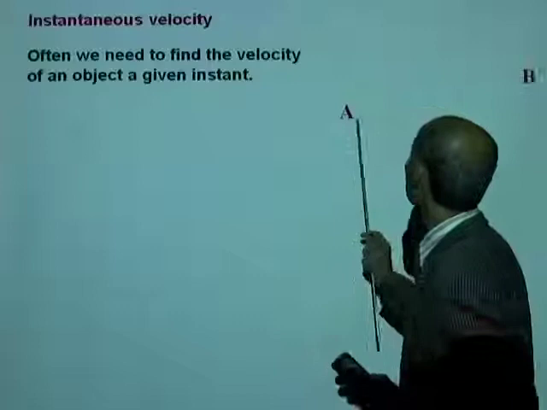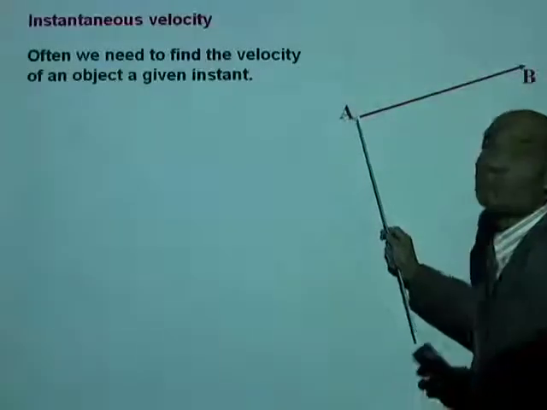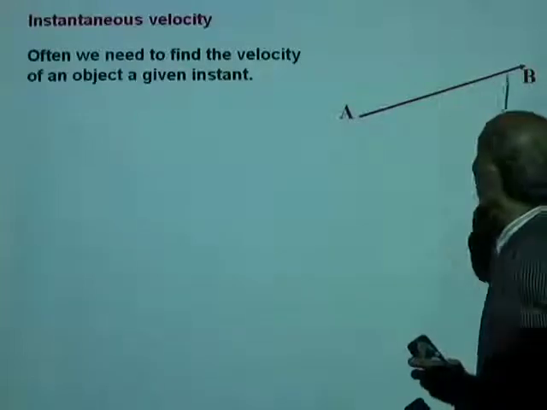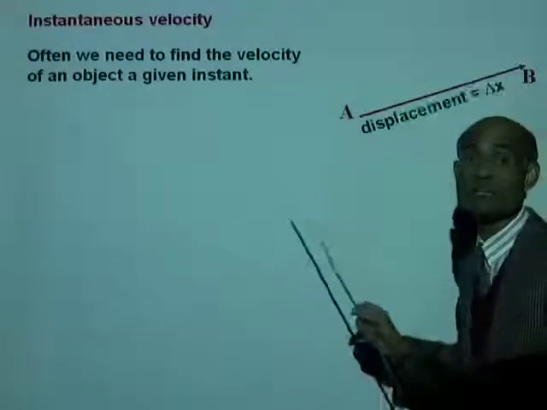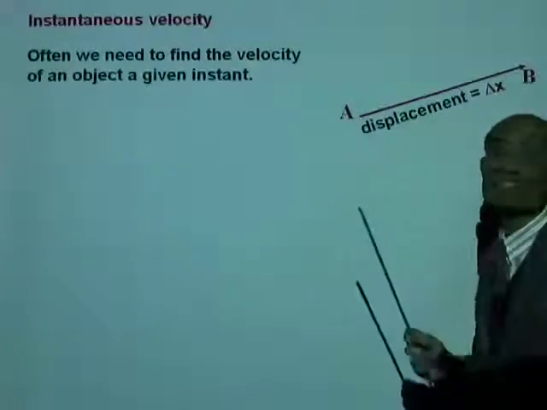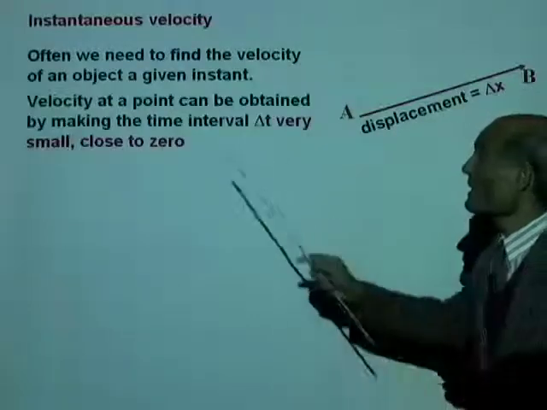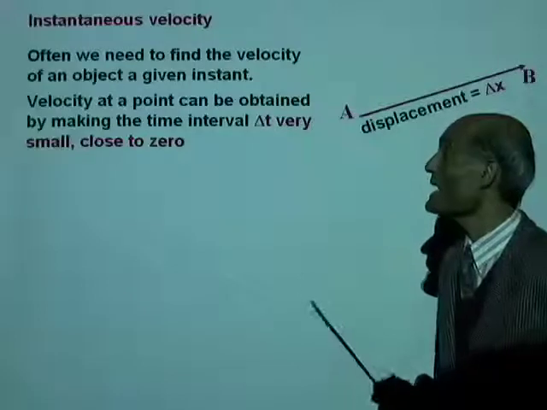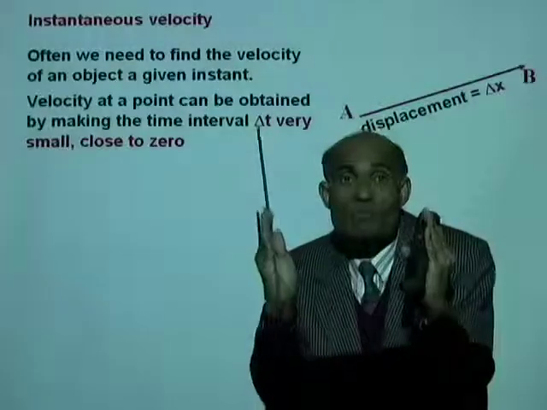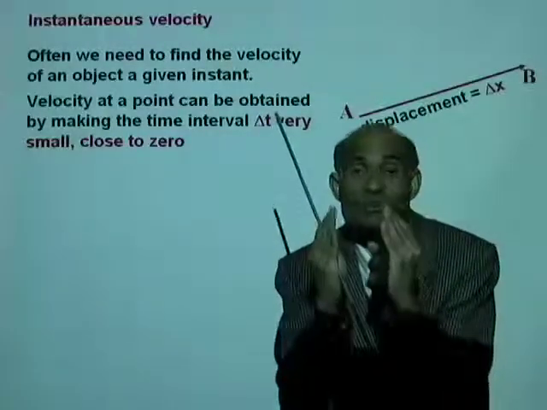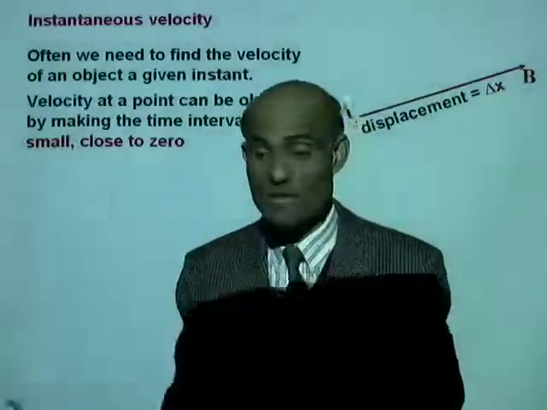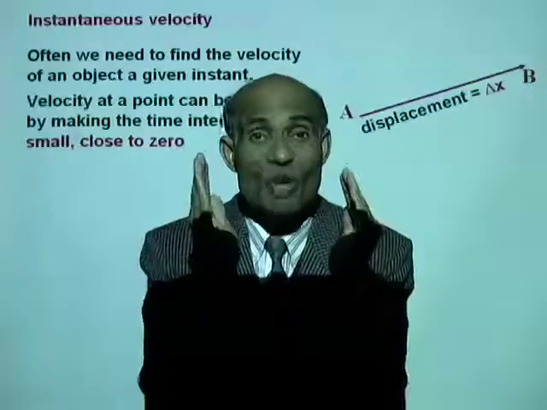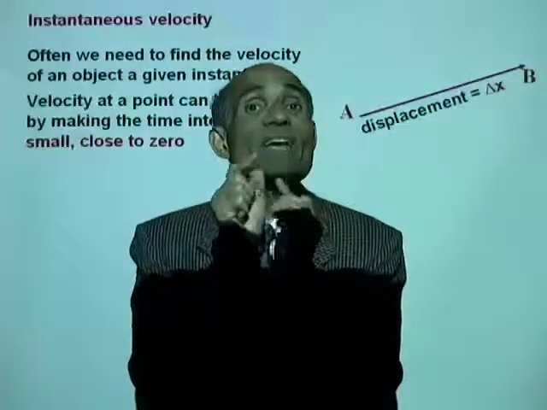Here we go back to the same example. The object is displaced from A to B, and the displacement is delta x. Velocity at a point can be obtained by making the time interval shorter and shorter. We want to find the instantaneous velocity, the velocity at a particular instant.